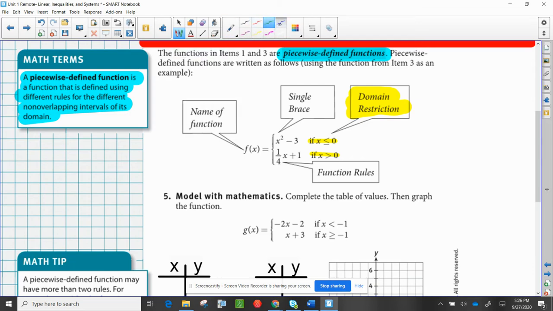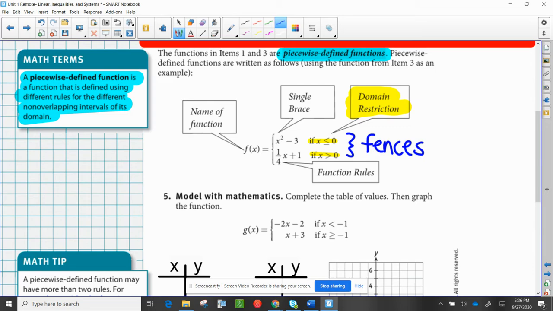When we start graphing these, I call these things the fences. The fence in this case is going to tell us where one function stops and the next function starts. Just like at your house, your fence would tell you where your neighbor's yard stops and your yard starts. So the fence is our divider and tells us where the lines are going to pair off.